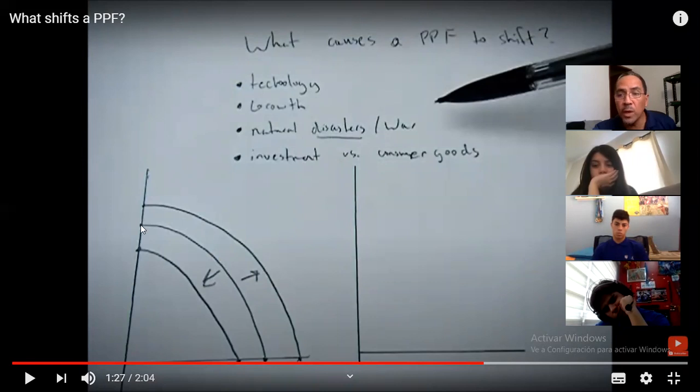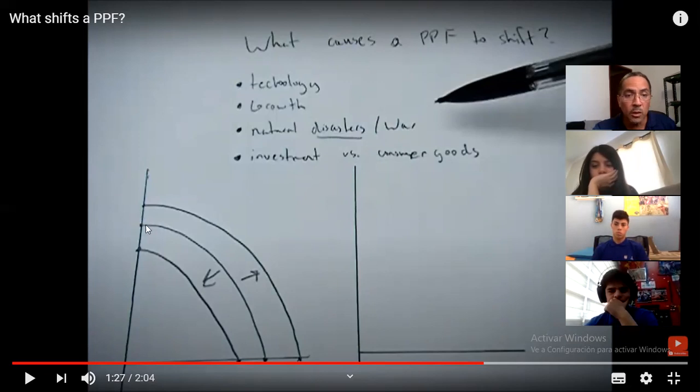Now, what is the only way we can move from this curve to this curve? There are several options. One of those is technology. Let's pretend we bought new equipment, and with that equipment we can be more efficient and produce not only 100, we can produce, let's say, 20 more.